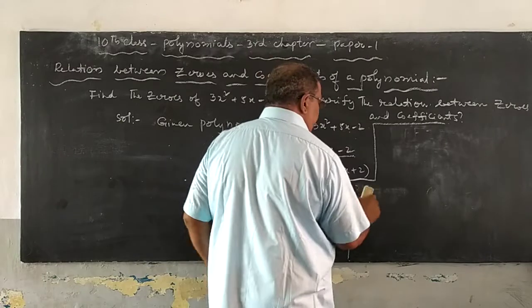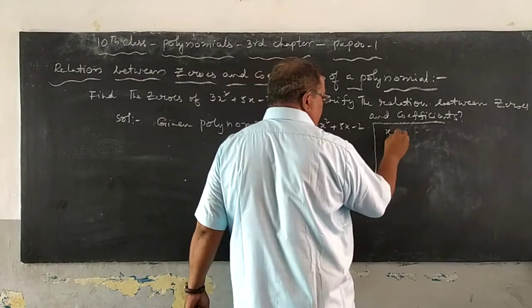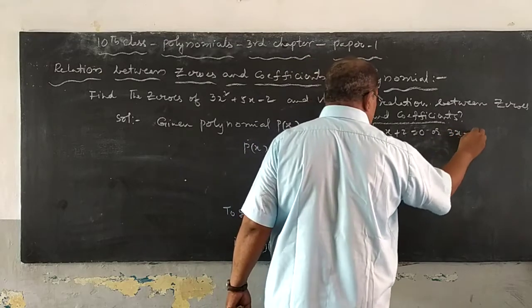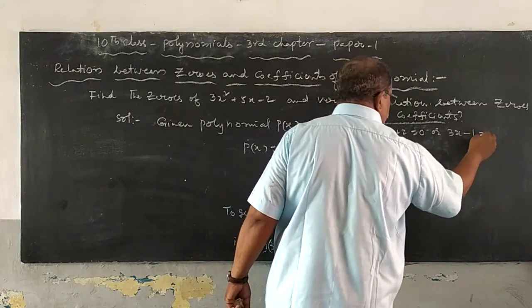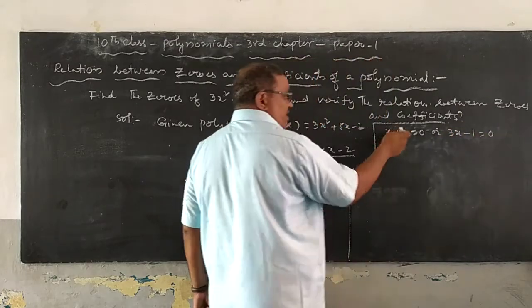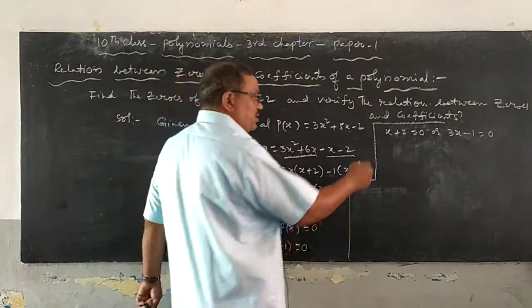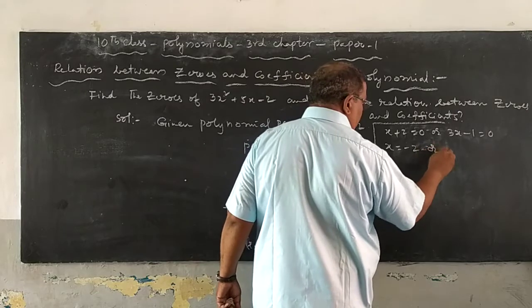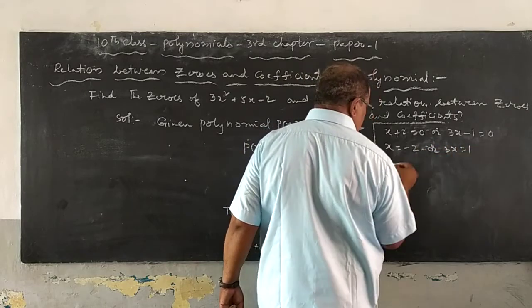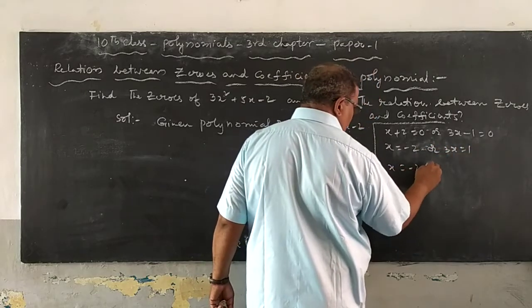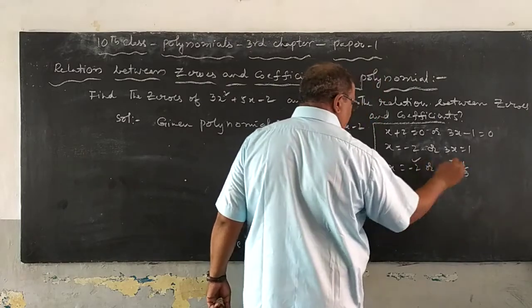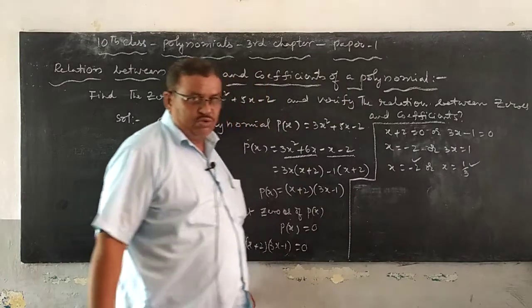So, we can write: either x plus 2 equal to 0 or 3x minus 1 equal to 0. If x plus 2 equal to 0, x is equal to minus 2, or 3x equal to 1, x equal to 1 by 3. So, minus 2 and 1 by 3 are the zeros.